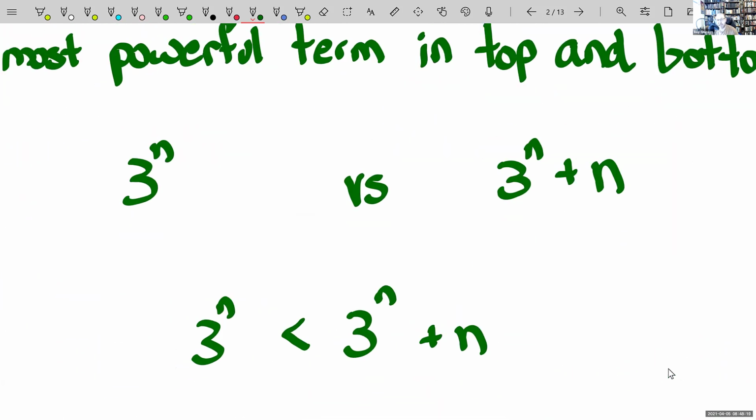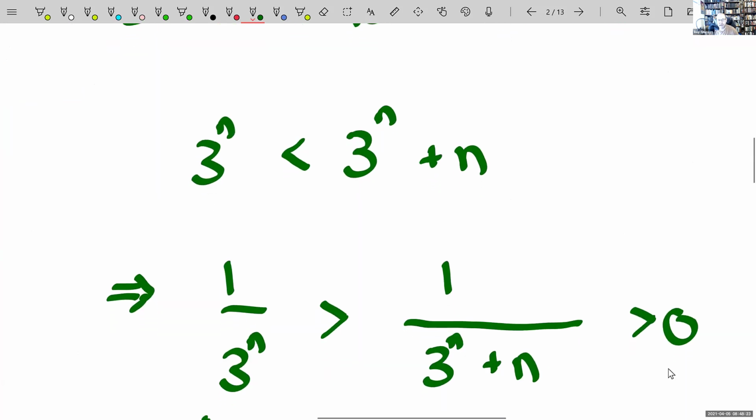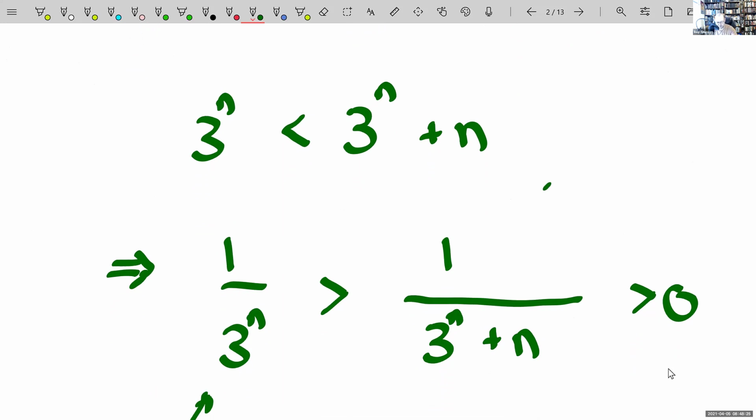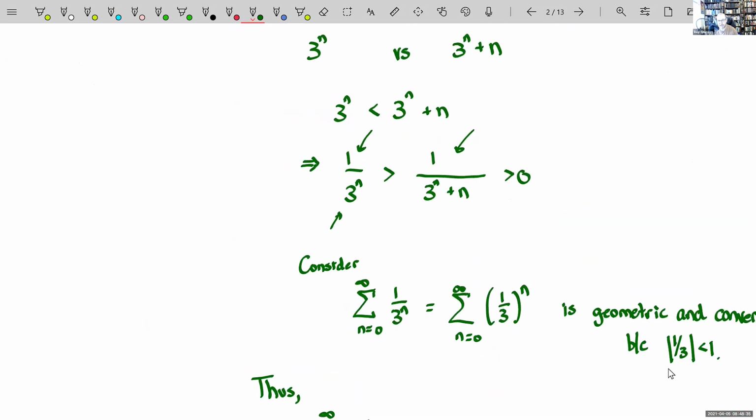I know 3 to the n is less than 3 to the n plus n. Take the reciprocal. Now here's my original sequence, and here's my new sequence that I'm comparing it to. And I know that if I add up 1 over 3 to the n, which is 1/3 to the n, that will converge. Thus, the series of 1 over 3 to the n plus n will also converge by the series comparison test.